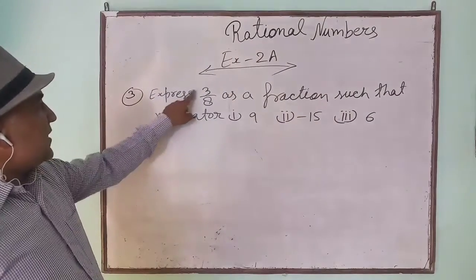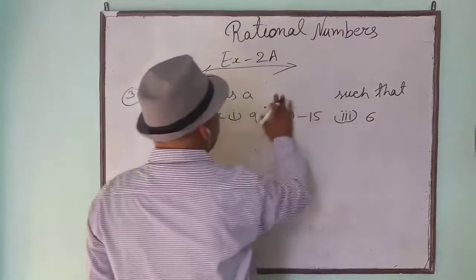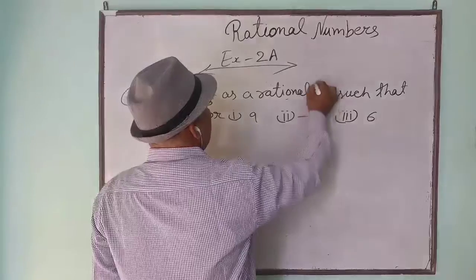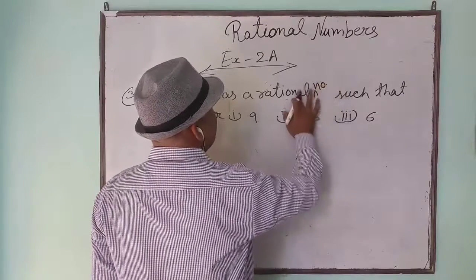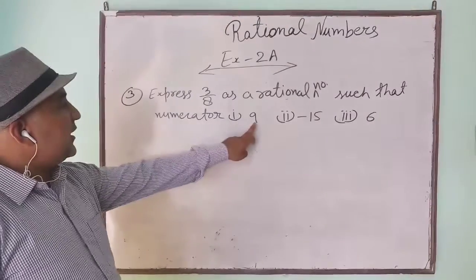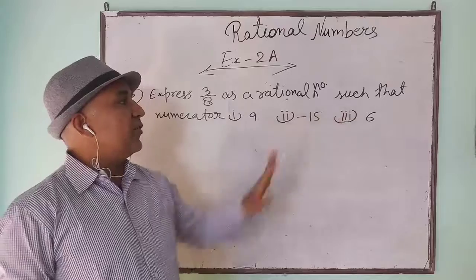See, express 3/8 as a rational number such that numerator is 9, otherwise numerator is -15, otherwise numerator is 6.